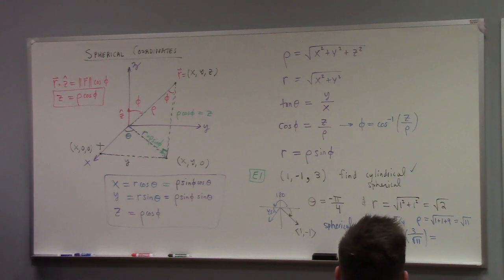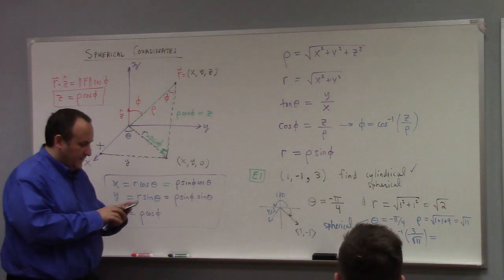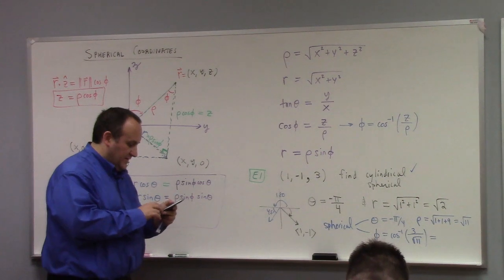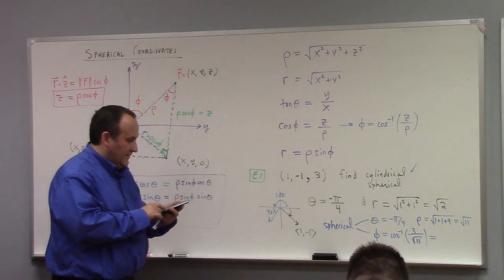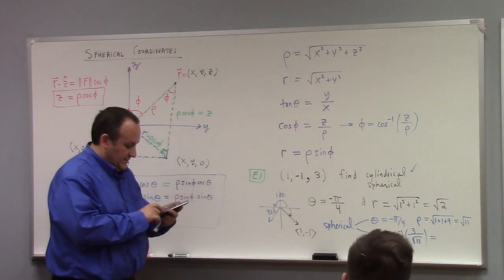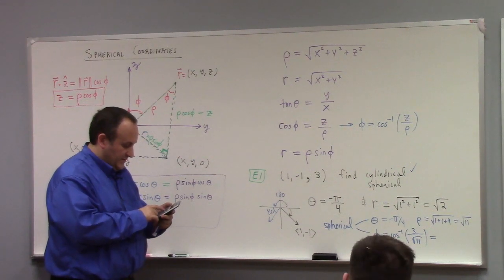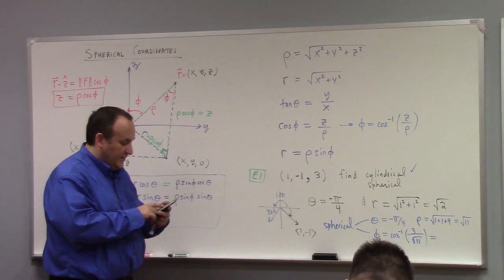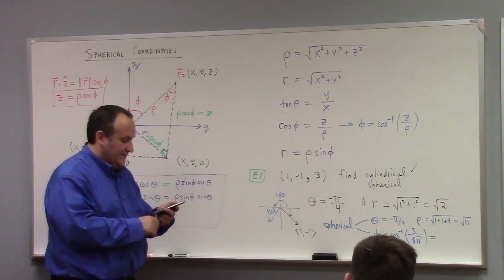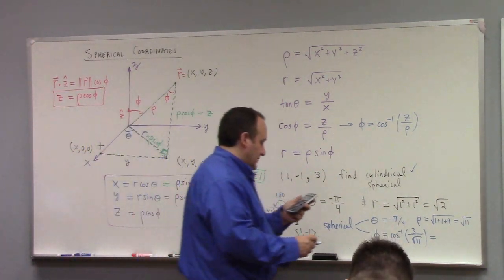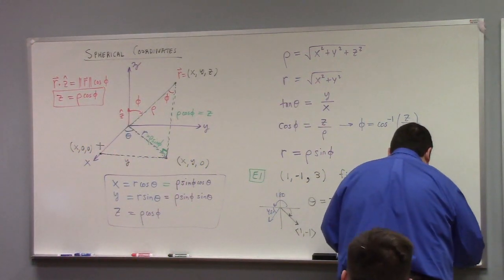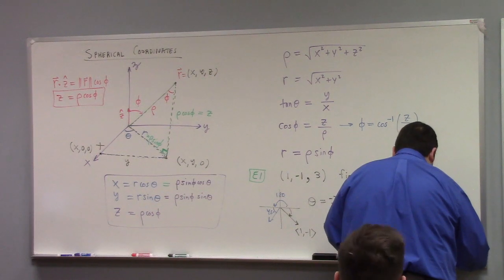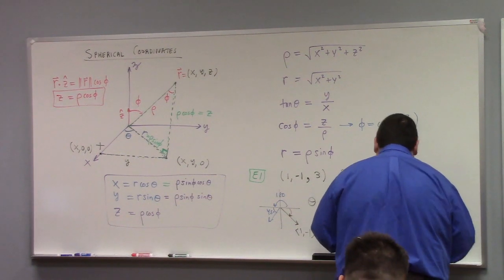You should have a calculator for future quizzes, because I would like to have numbers here. At the moment I'm in degree mode, so we'll content ourselves with degrees. This is approximately 25.24 degrees.